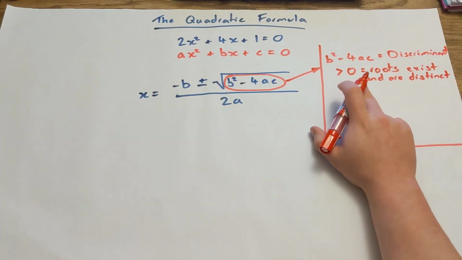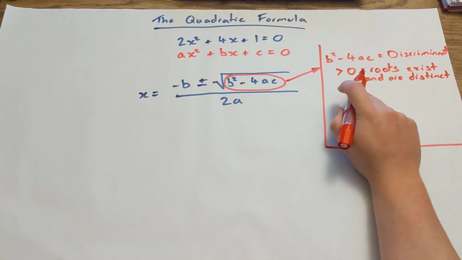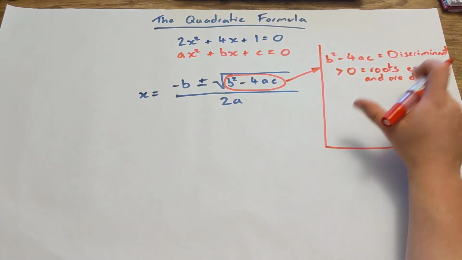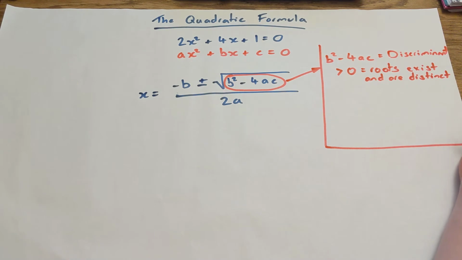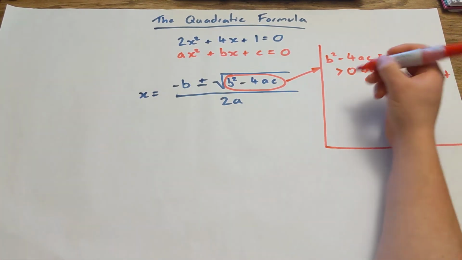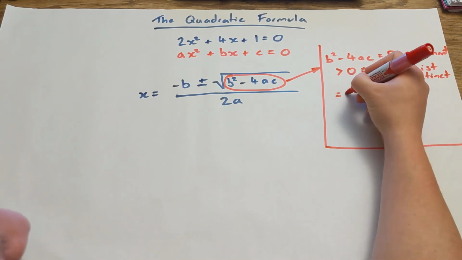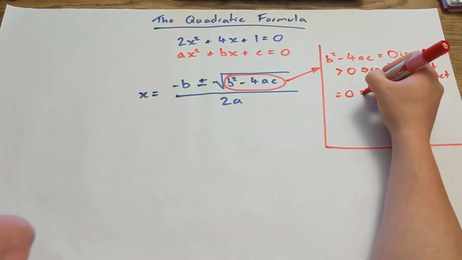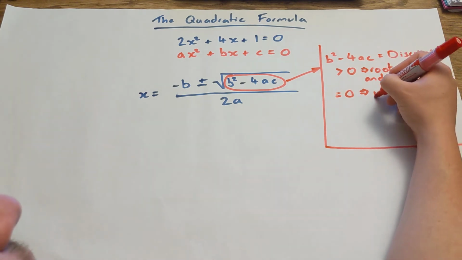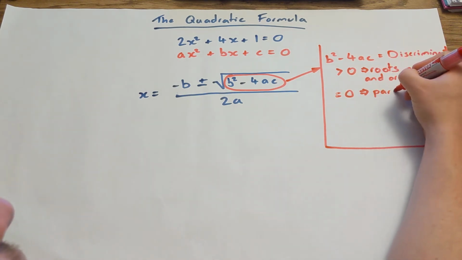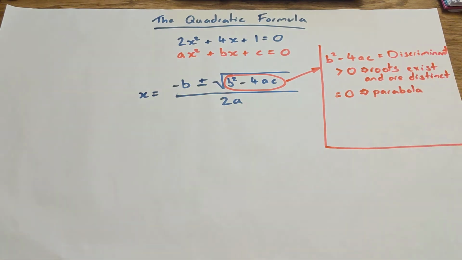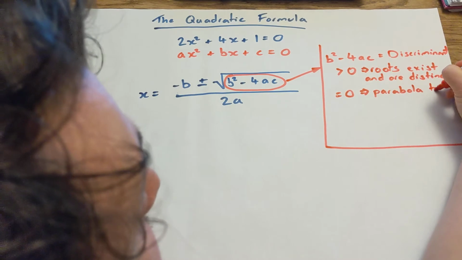Basically this graph does cross the x-axis, and it does it in 2 places because the roots are distinct from each other. They're different. Now, if the discriminant is equal to 0 when you work it out, what that means is the parabola, remember that's what we call these types of graphs, the turning point of it touches the x-axis.